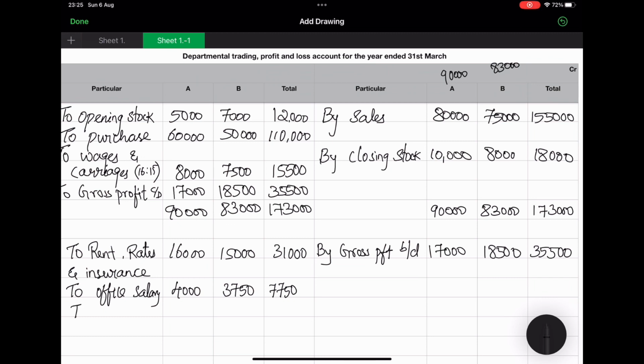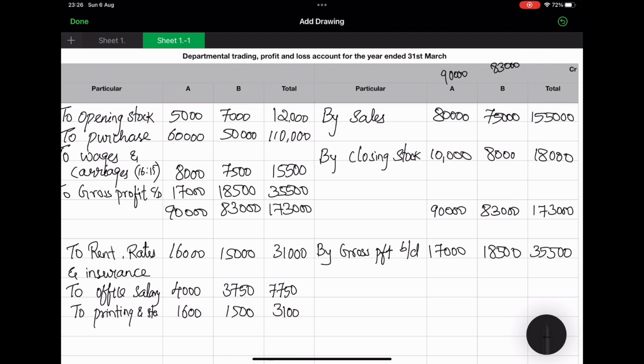And the last expenses is to printing and stationery. How much they have given total? 3,100. 3,100 into 16 divided by 31, 1,600, and 3,100 into 15 divided by 31, 1,500.